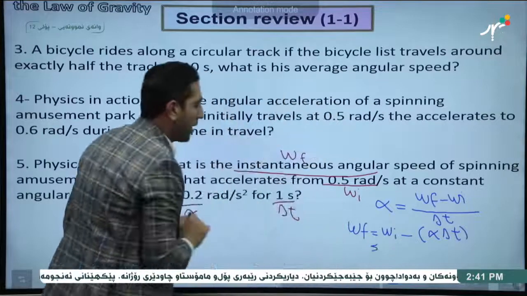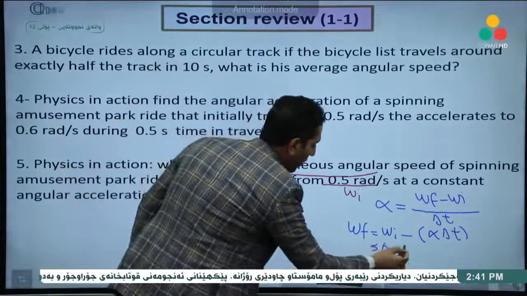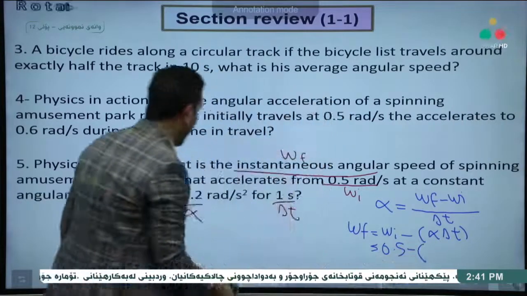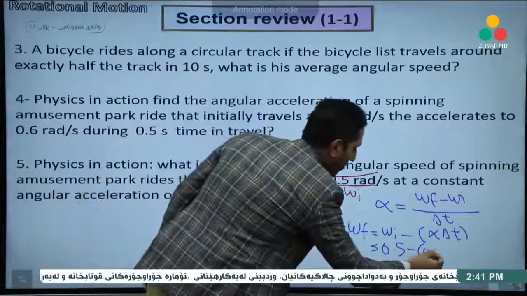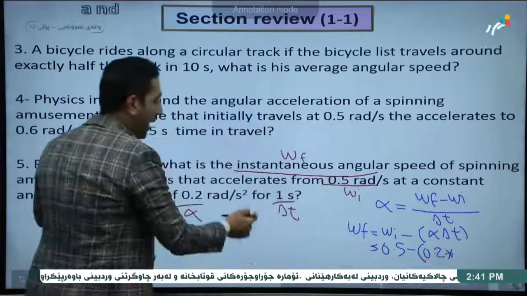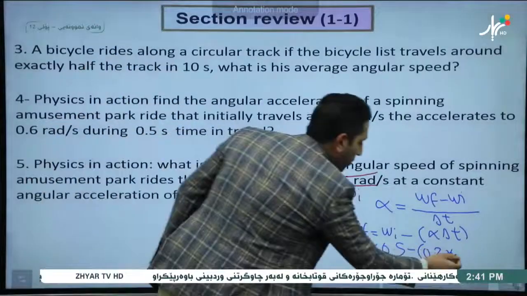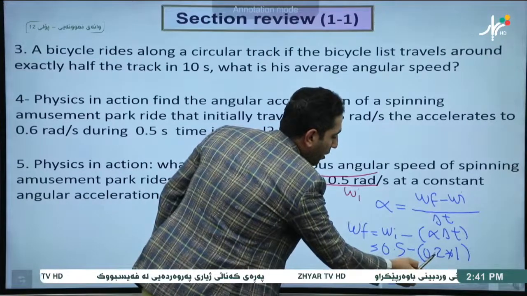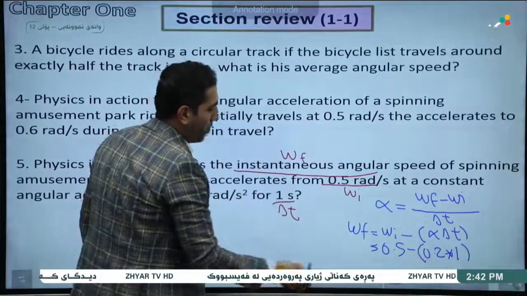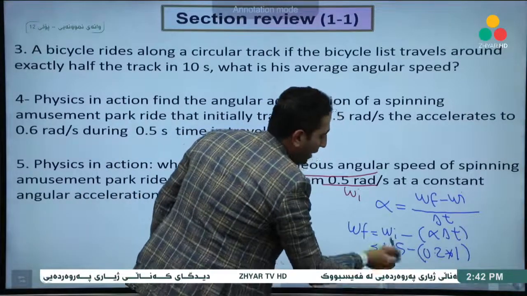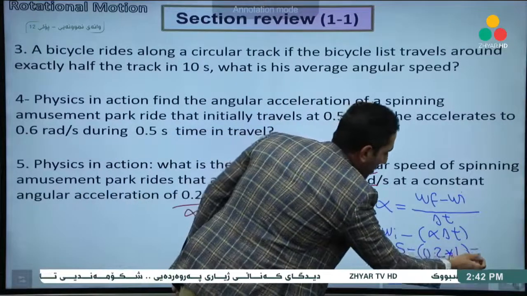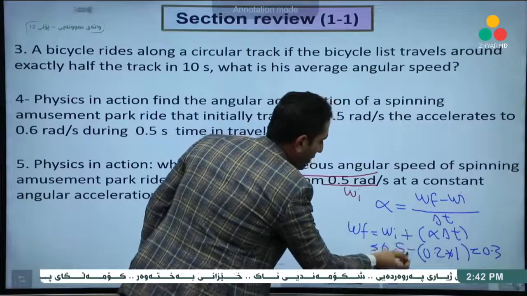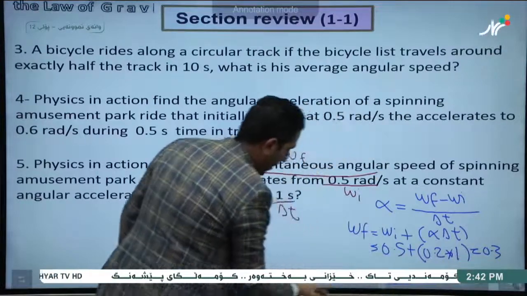Omega initial is 0.5 rad per second, plus alpha 0.2 times delta t which is 1, 0.2 times 1 is 0.2. And 0.5 minus 0.2 is equal to 0.3. Sorry, this is plus, 0.7. This is plus, not negative.